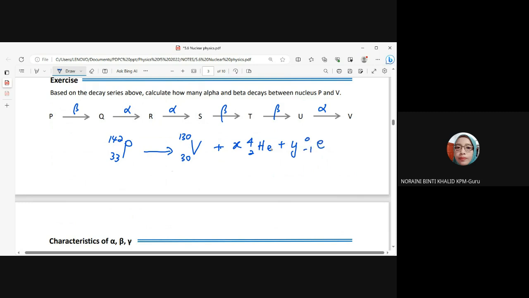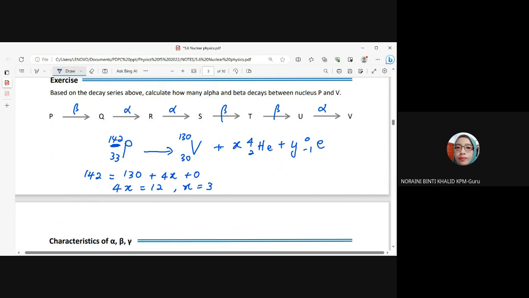By using a mathematical operation, use the nucleon number: 142 equals 130 plus 4x plus y times 0. So from here we get 4x equals 12. Thus, x equals 3, which means we get 3 alpha.